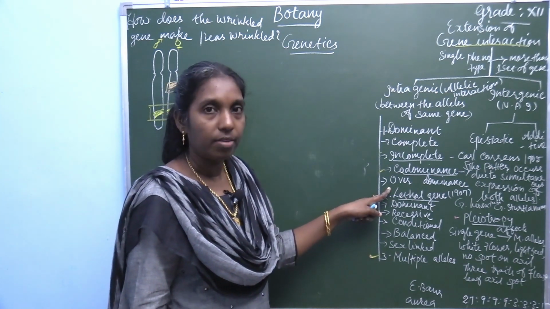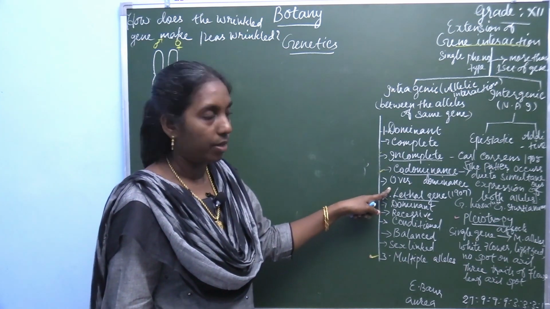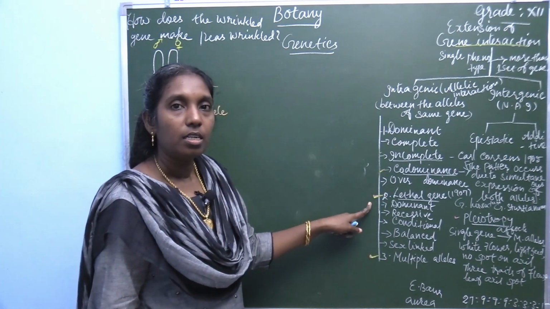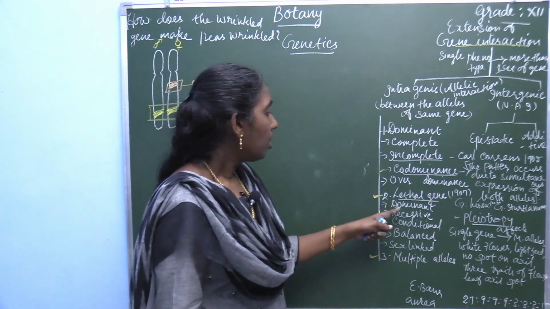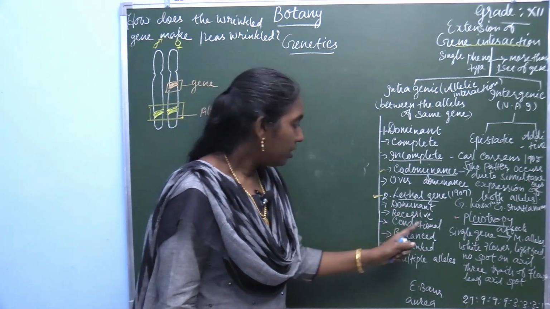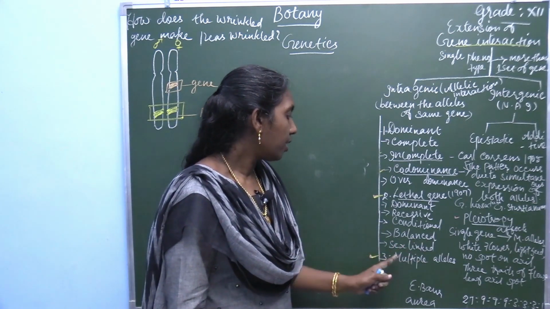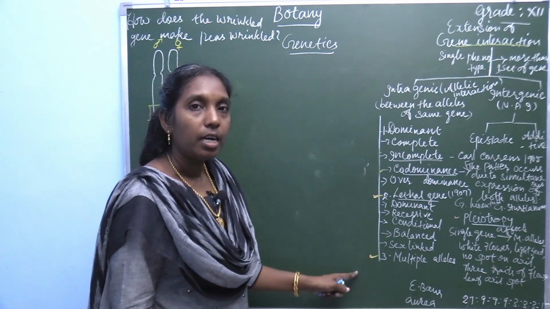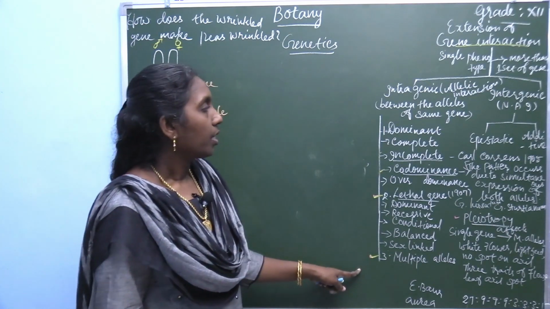There are several types, but you are going to learn very few. Then lethal gene, which is again classified into dominant lethal, recessive lethal, conditional lethal, balanced lethal and sex linked lethal. And the third type is multiple alleles.